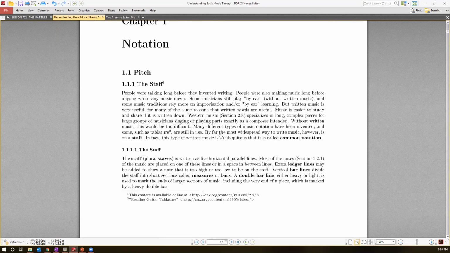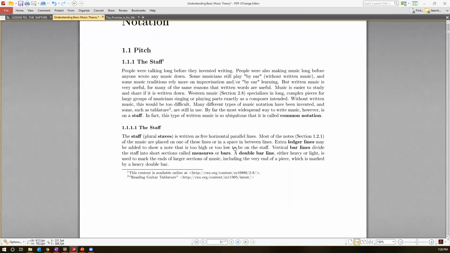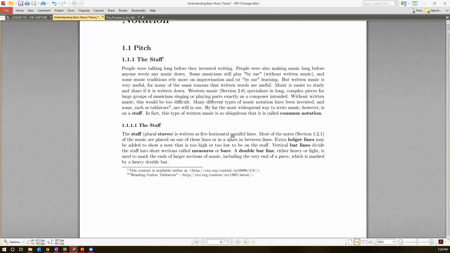By far the most widespread way to write music, however, is on a staff, which we said earlier consists of 5 lines and spaces. We'll go into more detail with all this information.